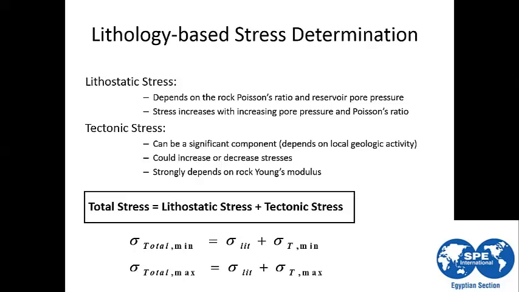As an example, if you have a fault and you are going to frac near this fault, and you have folding behind this fault during the movement of the fault, the formation is folded. This means if you are going to frac in this area, you are going to frac in stress higher than the normal stresses in other wells in the field.